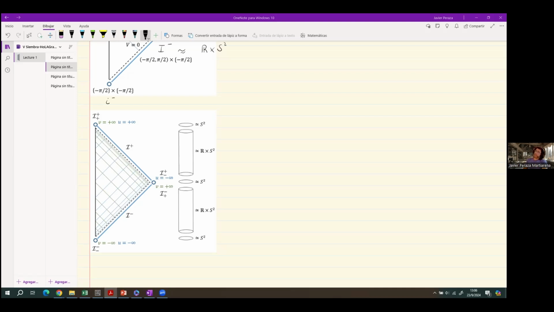The thing here is that for the coordinates we are considering on the cylinders, we have R, which will be parameterized in terms of u in the case of scri plus, and the sphere will be parameterized in the coordinates that we are considering for the spheres in Minkowski.